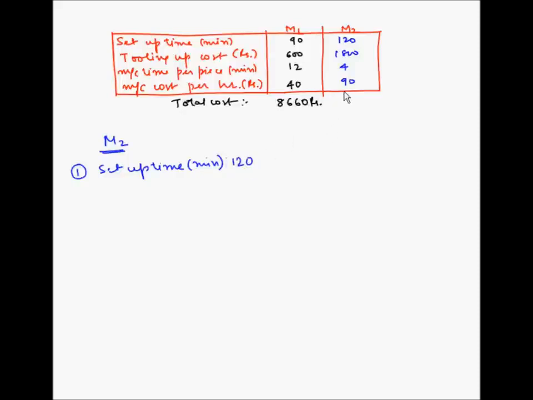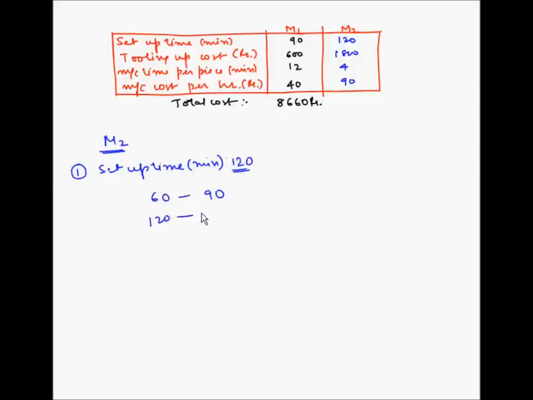Now we know that the cost of the machine per hour is 90 rupees. So let's convert this in terms of the cost of the machine. That is, how much money are we spending to set up this machine. So for per hour, the cost is 90 rupees. That is, for 60 minutes, cost is 90 rupees.